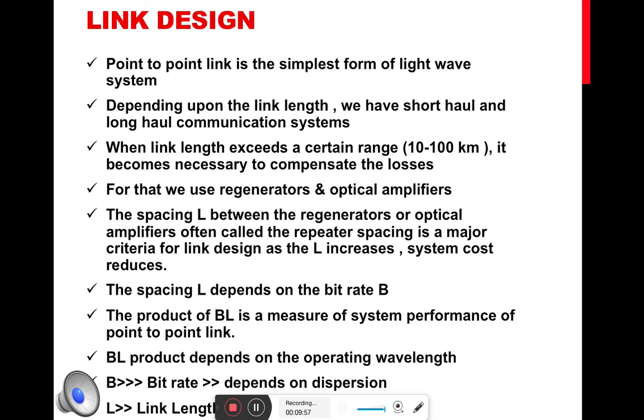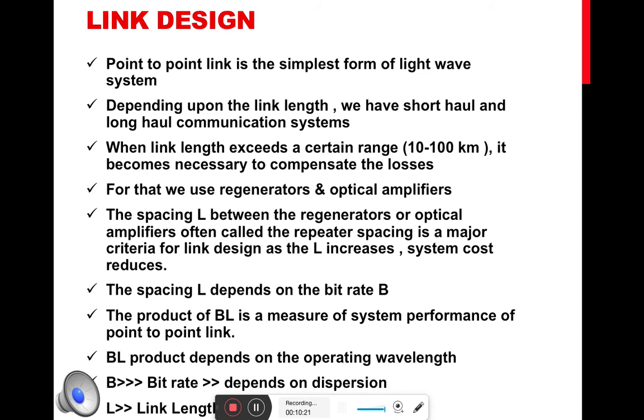This link length depends upon the bit rate, and the bit rate depends upon the wavelength at which the point-to-point link communication system is working. So when you're defining a criterion to measure the performance of a point-to-point link communication system, the product of bit rate and length is a measure.